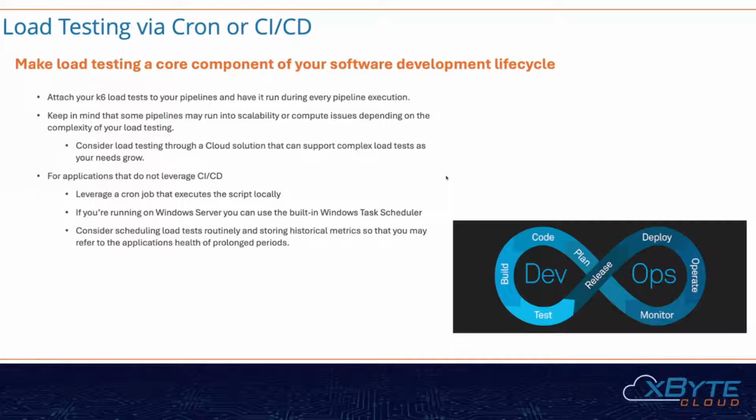For applications that do not leverage CI/CD, there's still users out there that aren't using Git repositories to maintain their code base. There is still an option. You can leverage a cron job or scheduled tasks that executes that script locally, whether that be in a separate environment or even directly on the server.